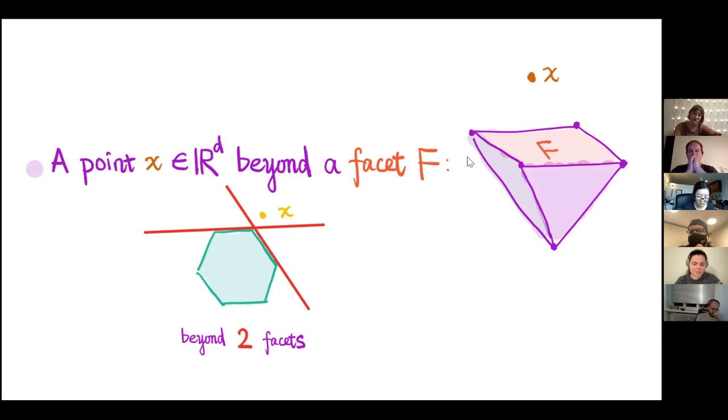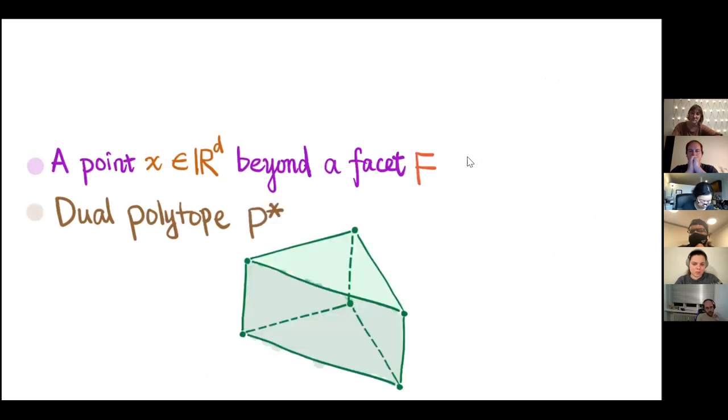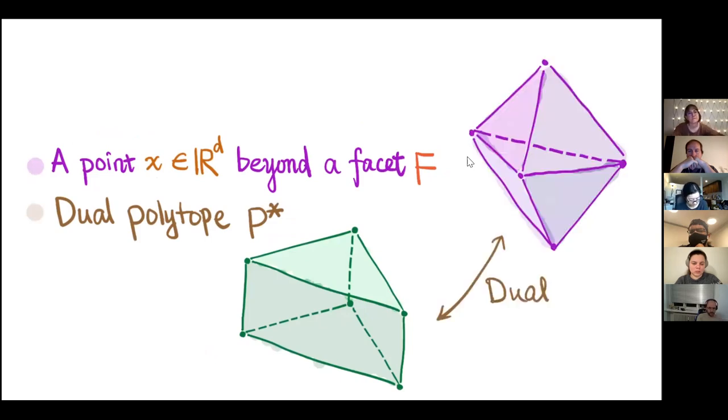Okay. And the construction also uses the dual polytope. So let me quickly define that. If you're given a polytope P, the dual P star is a polytope of the same dimension. So it's also a d-dimensional polytope, but its face lattice is the flip over of the original face lattice.